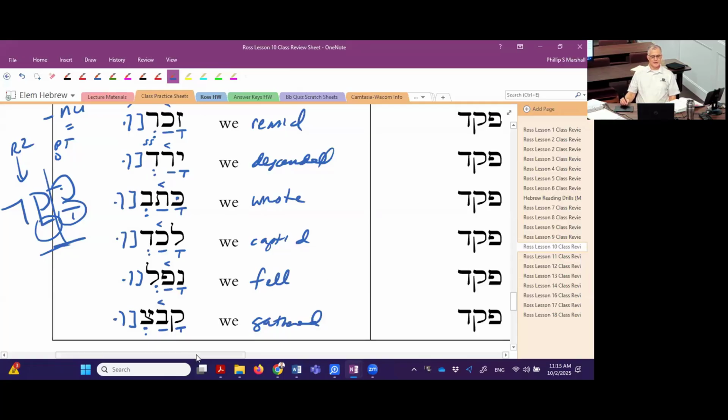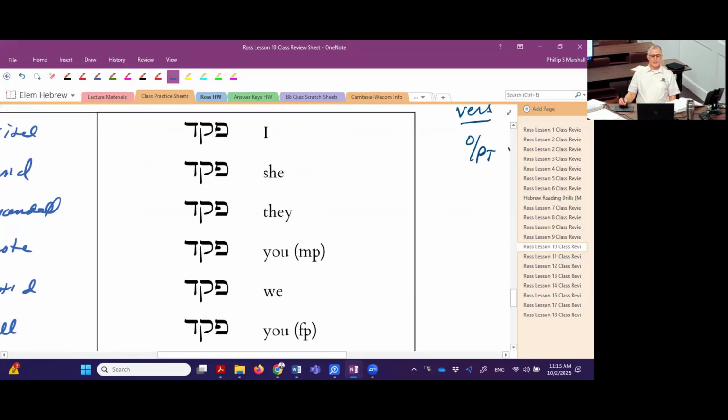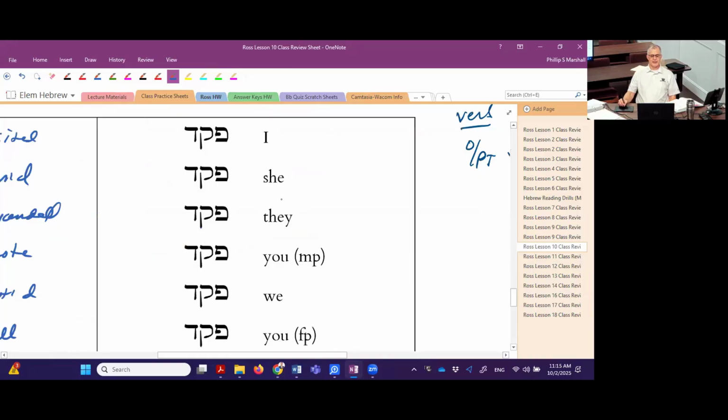Now, here's what I want you to do for this last column. I've just given you the paradigm verb pakad, and I've given you the subject pronoun that I want you to do for the inflection. See if you can do this real quickly. We've gone through all of them and repeated them over and over, but now I'm mixing them up. So don't look at the other ones, just see if you can remember how to do it, okay?